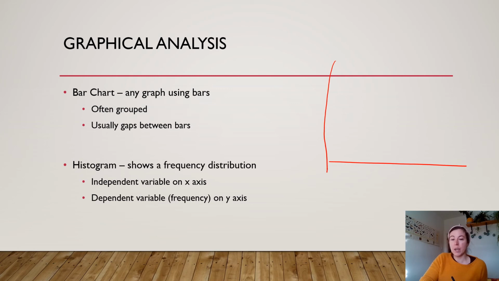So we're showing we had 1, 2, 3, 4, 5, we had 1 one, and 2 2s, and 3 3s, and 3 4s, and 2 5s, and 1 6. This is a histogram, specifically looking at the frequency of our independent variable.